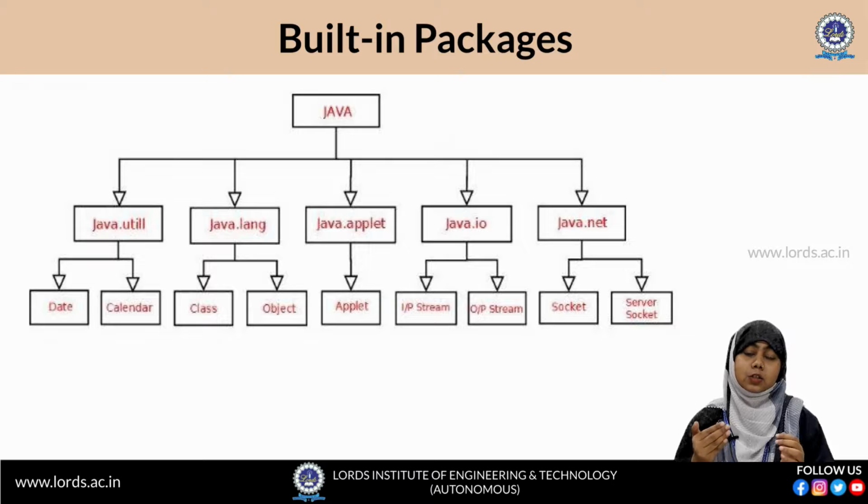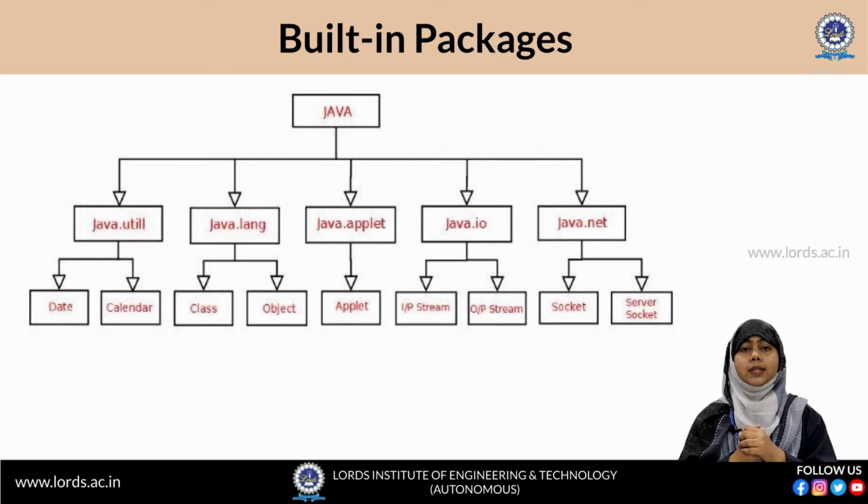Using that buffer reader class, you can accept the input from the user, and after accepting it, you need to process it, write the logic for it, and then produce the outcome. The result would be given in the form of output. Again, we need to use the input output package, and there the output stream classes will help us to display the output to the user.